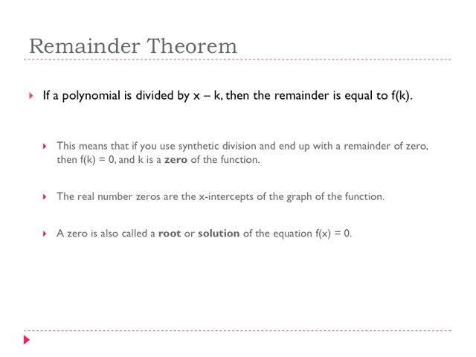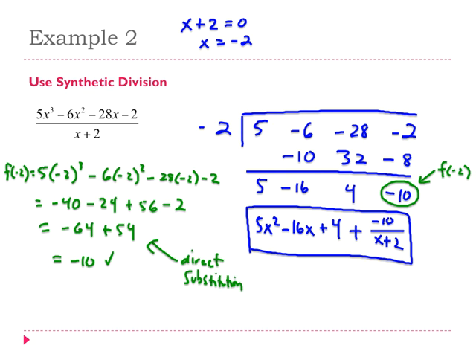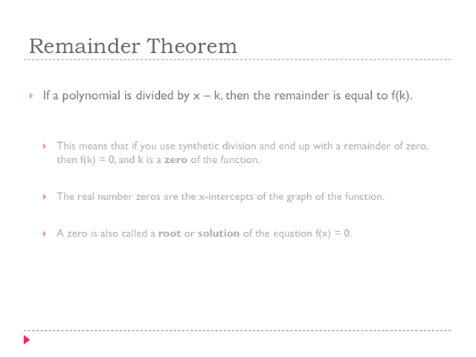Now, if we think about that for a moment, let's go back here. What if that remainder hadn't been negative 10? What if the remainder was 0? Okay? If the remainder was 0, that means this bottom polynomial, x plus 2, was actually a factor of the original polynomial.